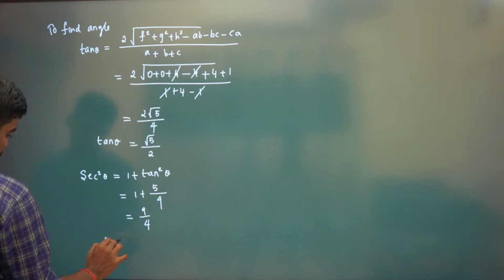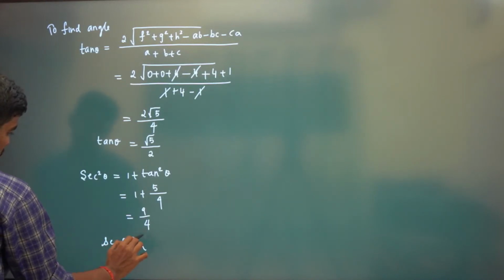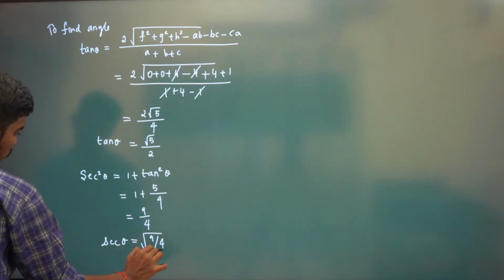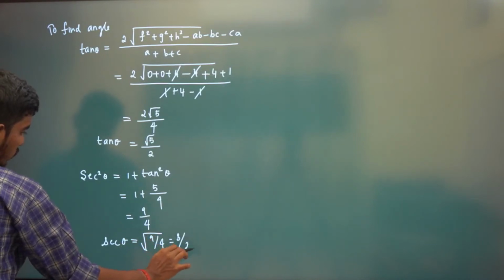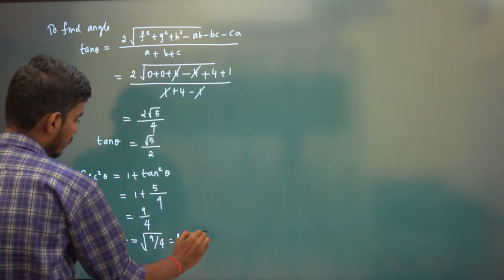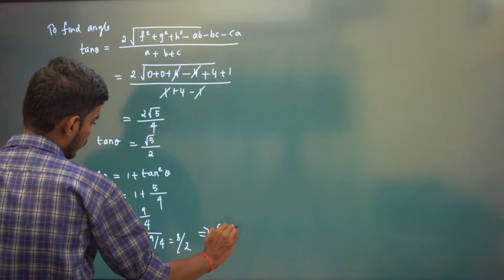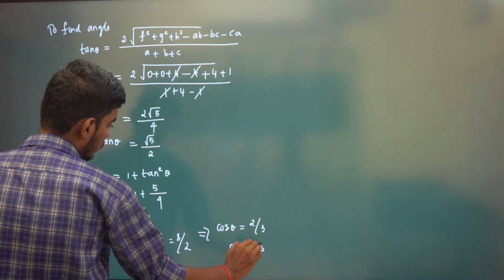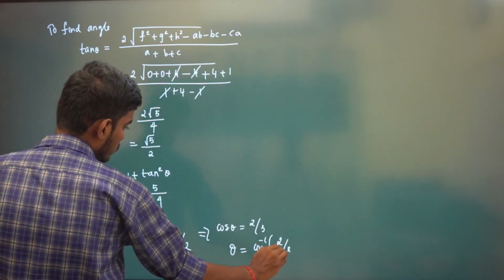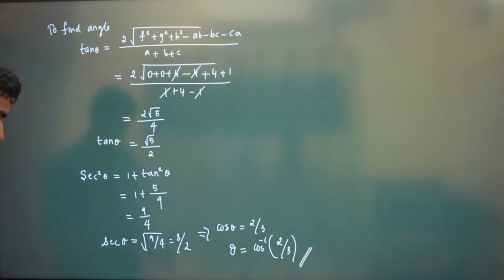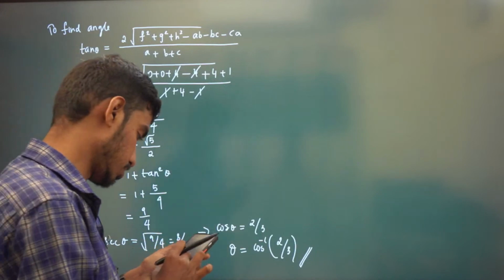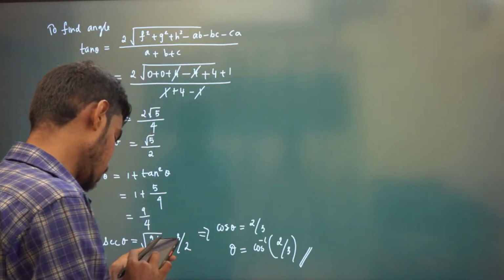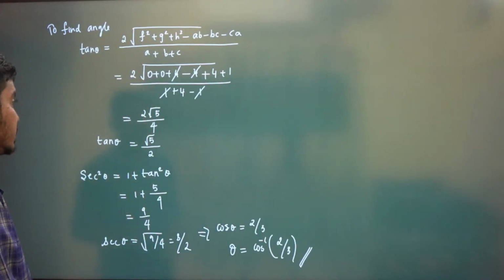So secant theta will be square root of 9 by 4, which is 3 by 2. That means cos theta is equal to 2 by 3. So angle between the two planes is cos inverse of 2 by 3.